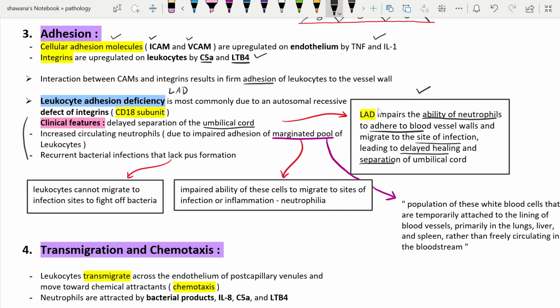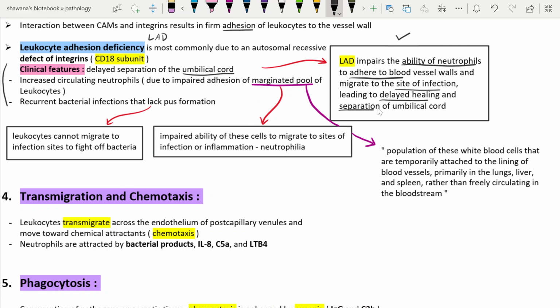The second clinical feature of LAD is increased circulating neutrophils. You need to remember that there are two types of neutrophils. First are the circulating neutrophils, and the second is the marginated pool of neutrophils. What is the marginated pool? 50% of the leukocytes are present in the blood vessel walls, in the lungs, spleen and liver. They are just there so that whenever they are needed, that pool is already ready to be delivered.